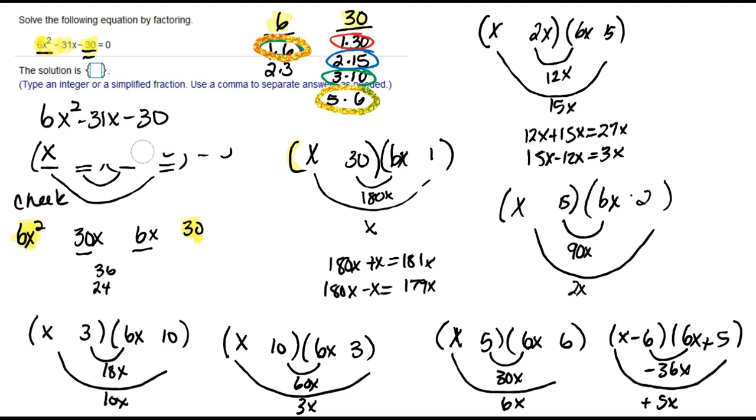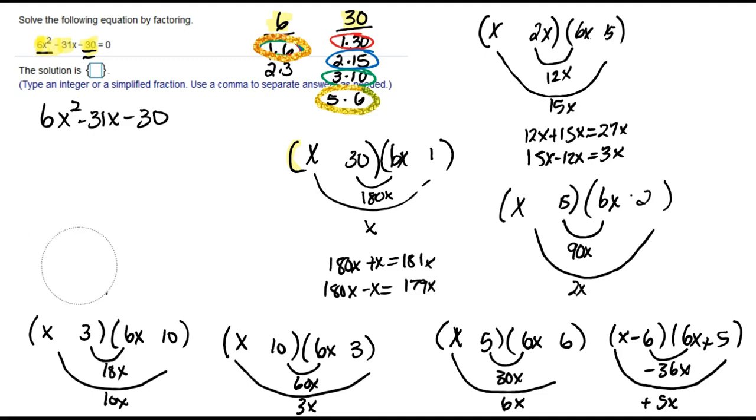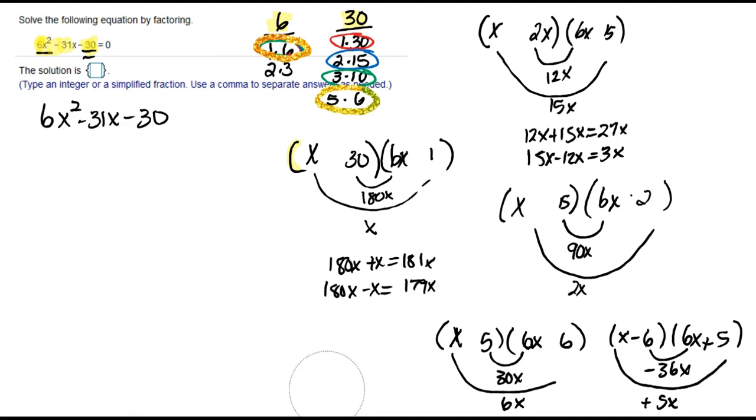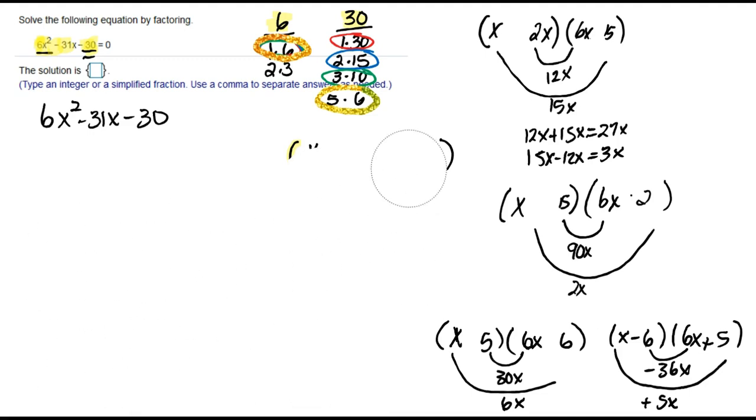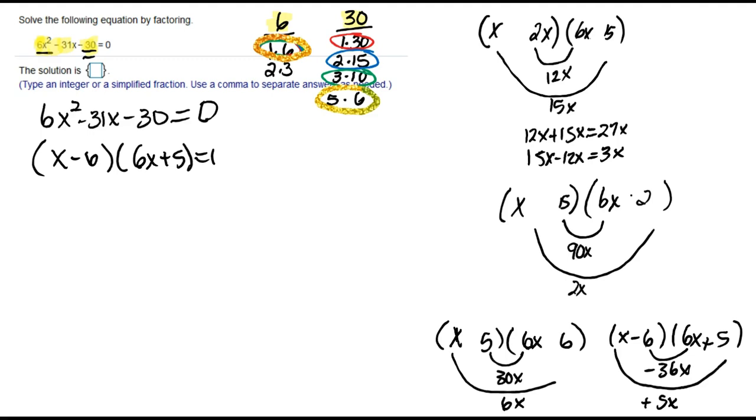Let me erase some of this mess. Okay, so we have now figured out the factorization for 6x squared minus 31x minus 30 to be x minus 6 times 6x plus 5 equals 0.